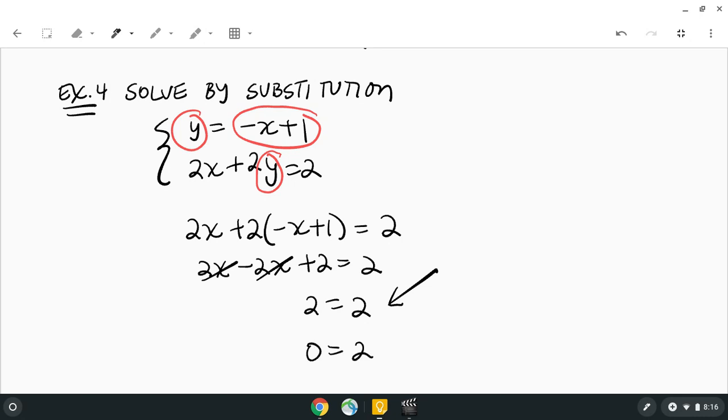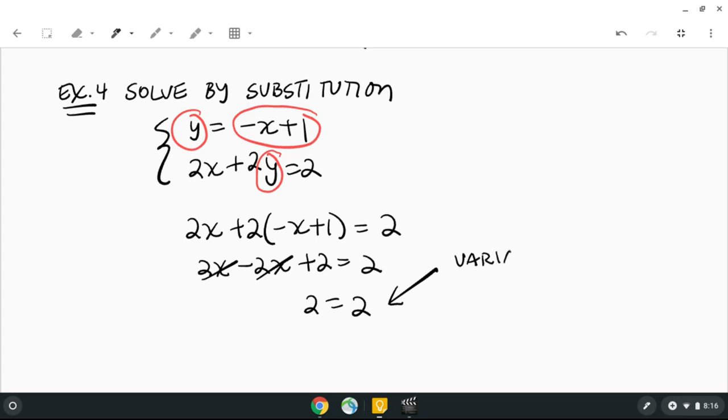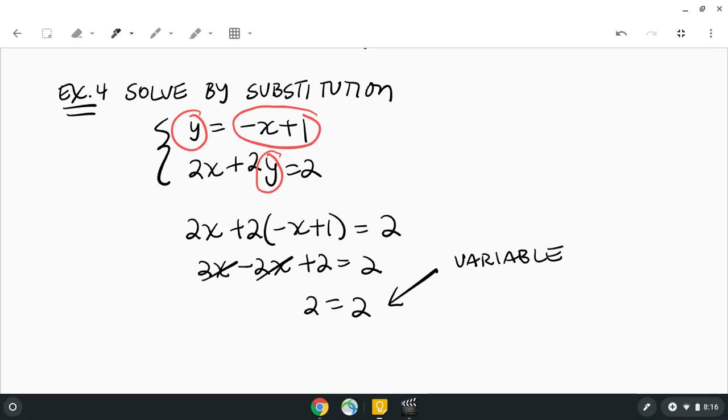So if you get the same number, a true statement, your variables disappear. They ended up canceling out.